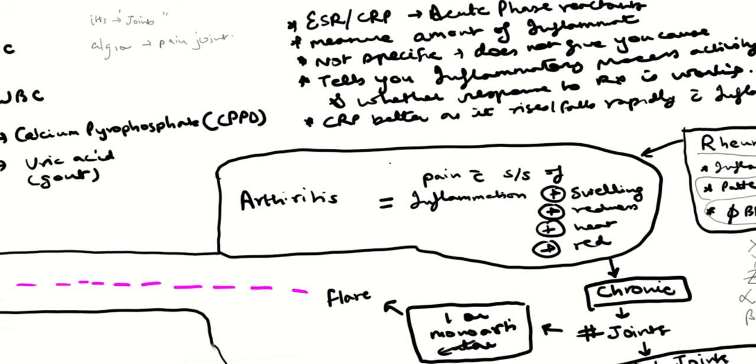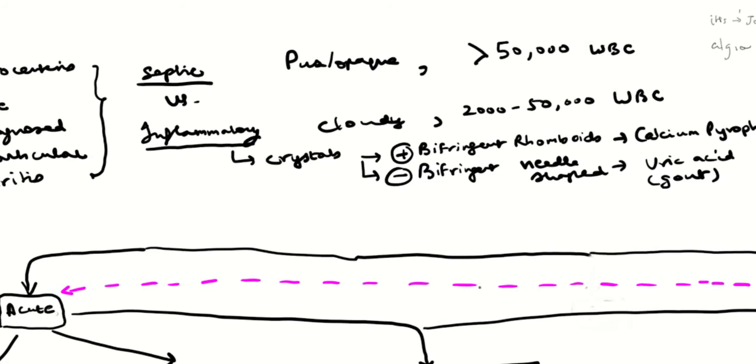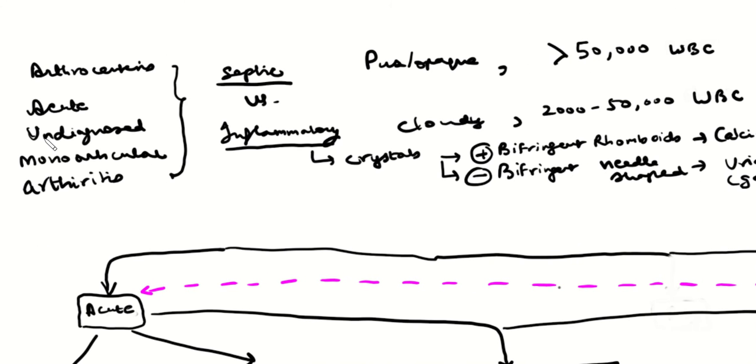Okay, let's look at a couple of things. Whenever we do arthrocentesis, what's arthrocentesis? I put a needle in the joint and I aspirate joint fluid and I send it for analysis. And that's arthrocentesis.